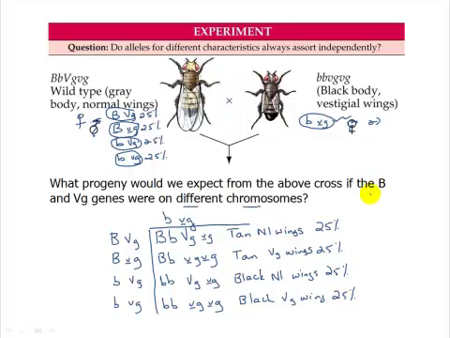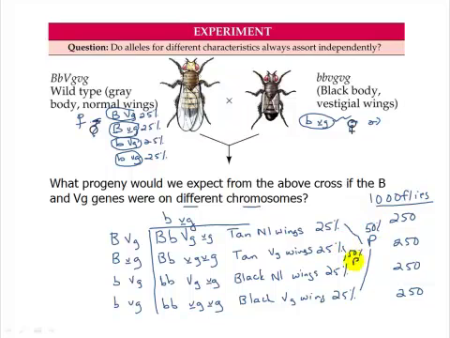So if we generated 1,000 flies as offspring, we'd expect to see 250 of them showing each of these phenotypes, right? 50% showing the phenotypes that were exhibited by our parents: tan body, normal wings, black body, vestigial wings. 50% showing the parental phenotypes, and 50% showing the recombinant phenotype, where we now have tan body combined with vestigial wings, black body combined with normal wings.